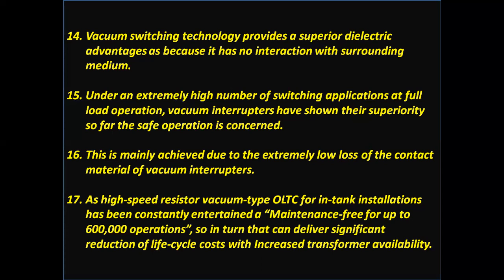High-speed resistor type vacuum OLTCs for in-tank installations have been maintenance free for up to 6 lakh operations. In turn, that can deliver a significant reduction of life cycle costs with increased transformer availability.